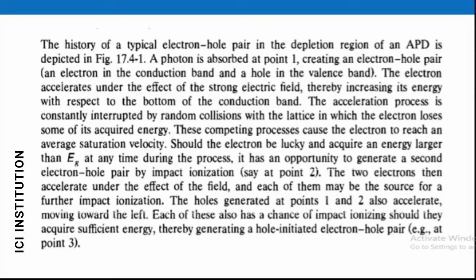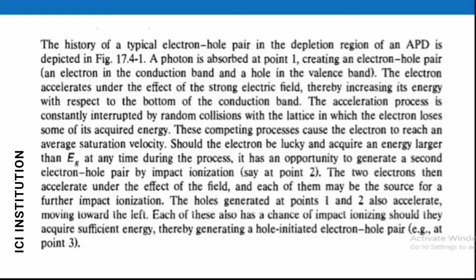The electron accelerates under the effect of the strong electric field, thereby increasing its energy with respect to the bottom of the conduction band. The acceleration process is constantly interrupted by random collisions with the lattice in which the electron loses some of its acquired energy.